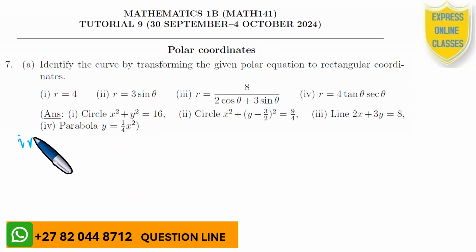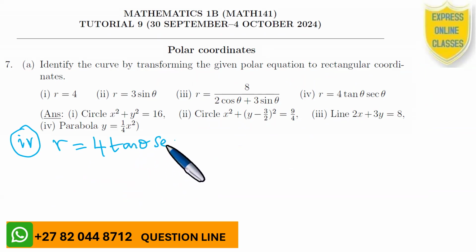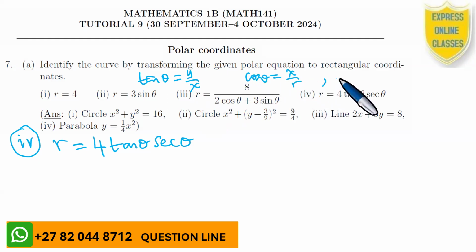So if you deal with tan theta, secant of theta, the tan of theta is y over x. And so the cosine of theta is x over r.